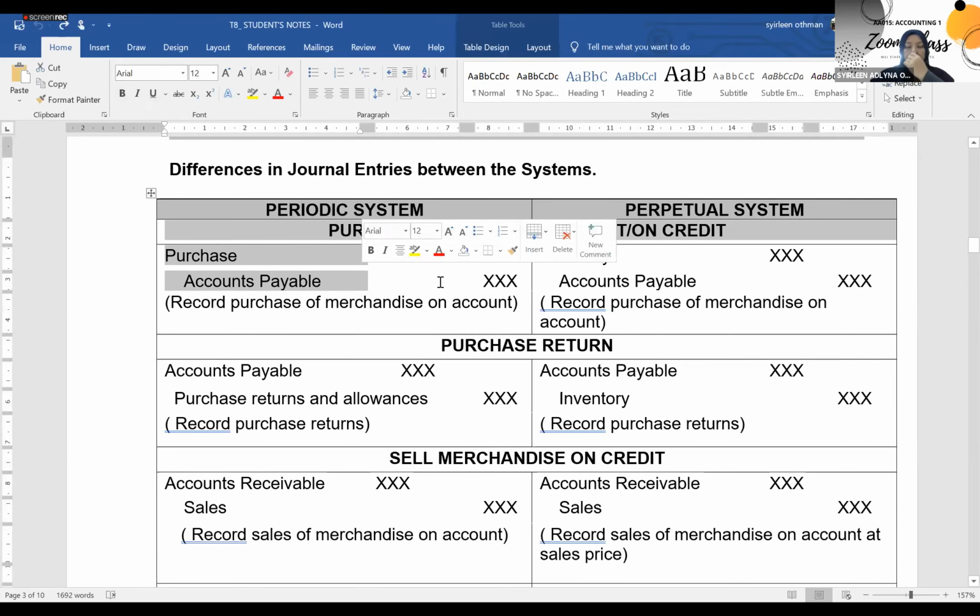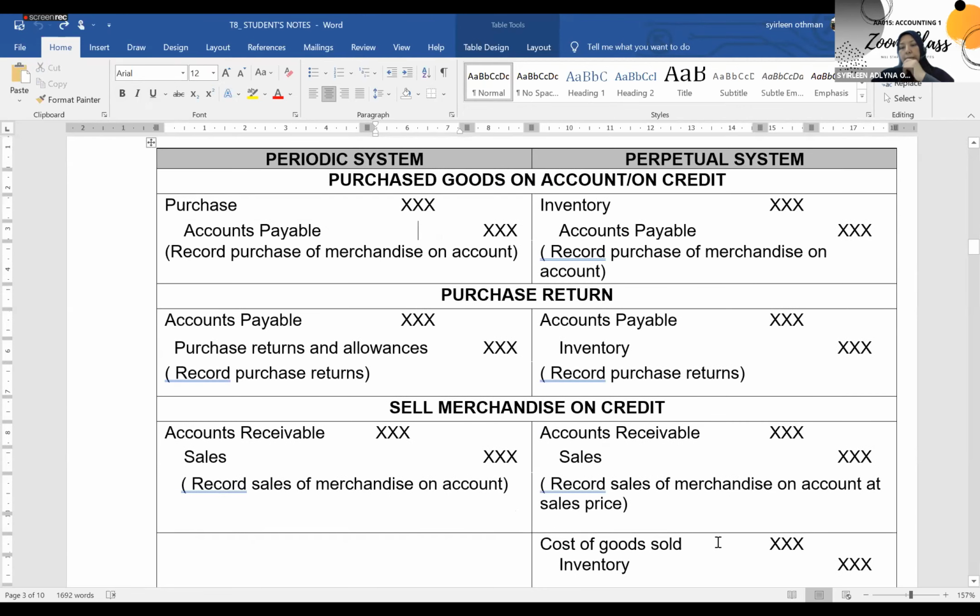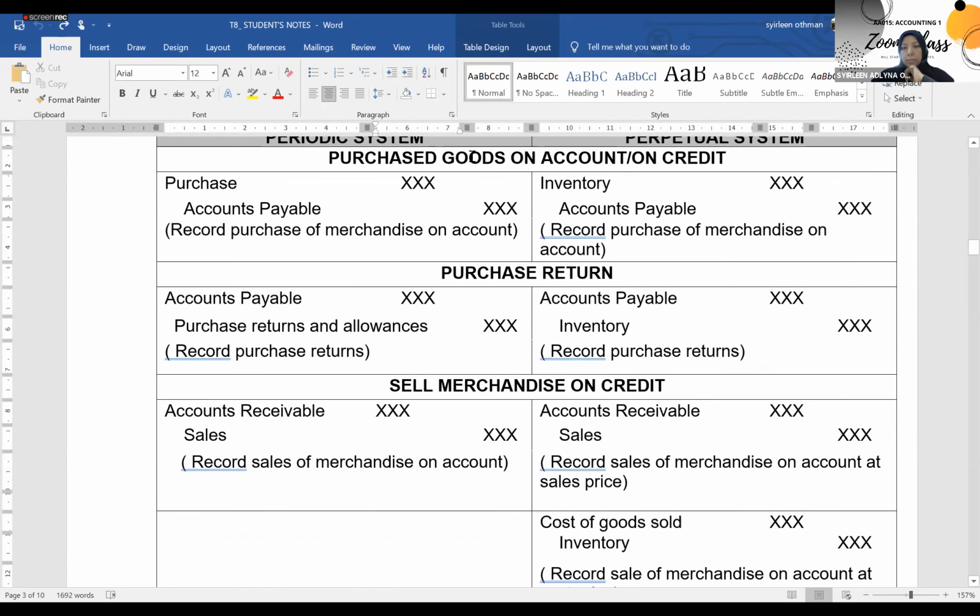Tapi kalau kita guna perpetual, you nampak dekat sini, tak ada sekali pun kita guna purchase account, purchase ledger. Semua kita guna inventory. So that means the item that is sold ataupun purchase will be directly recorded to your inventory accounts if you are using perpetual lah.